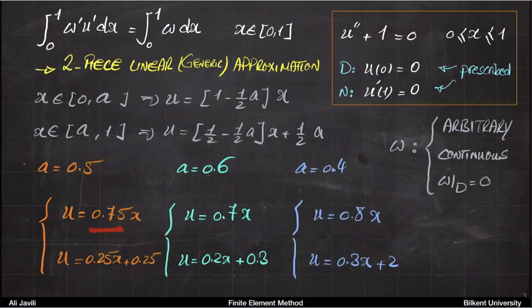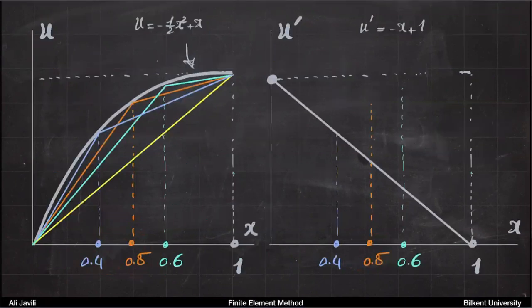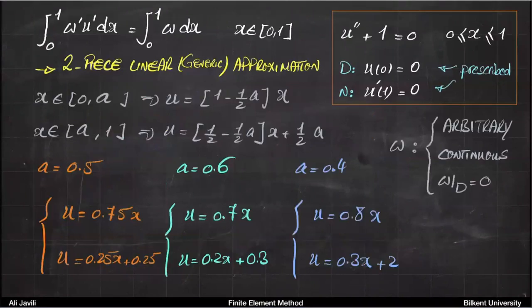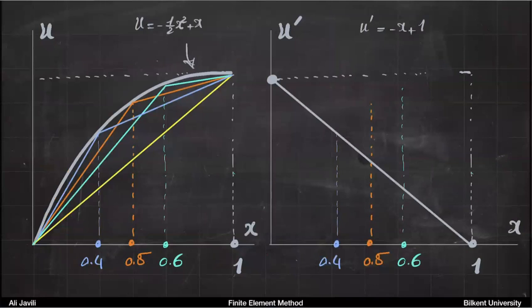So it is 3/4, this is 1/4. In other words, for the orange one in the first piece, from 0 to 0.5, u prime is 3/4. So it's going to be something like this. It's constant.